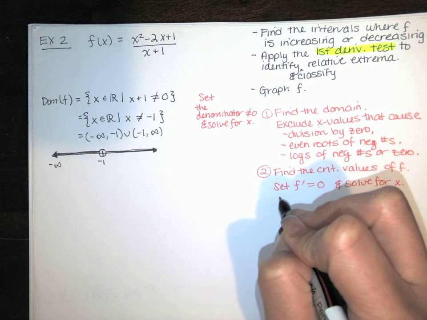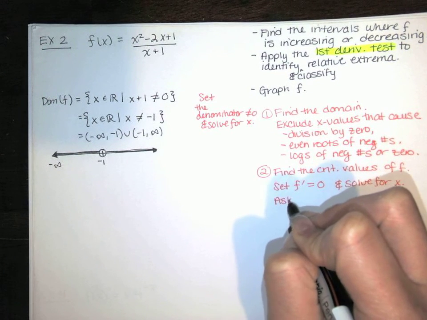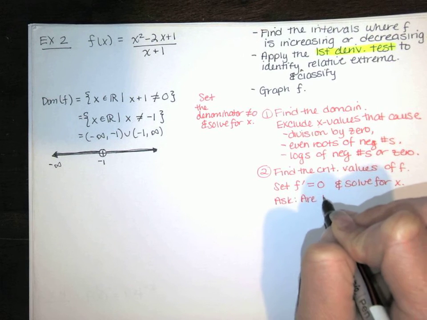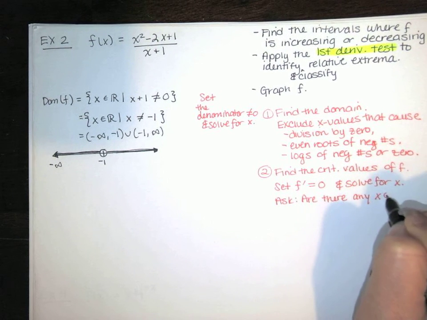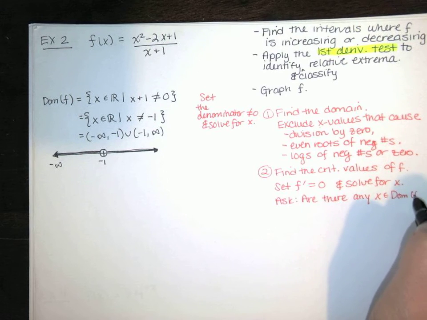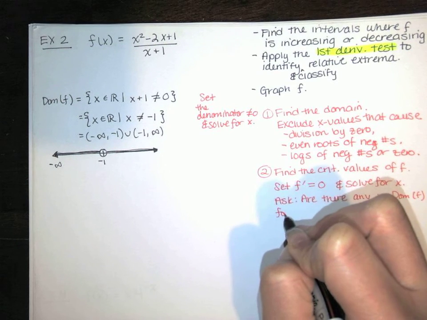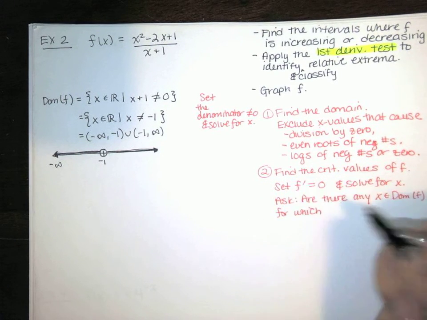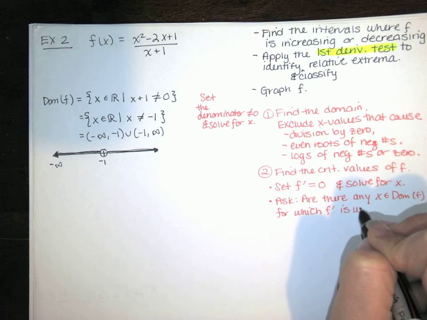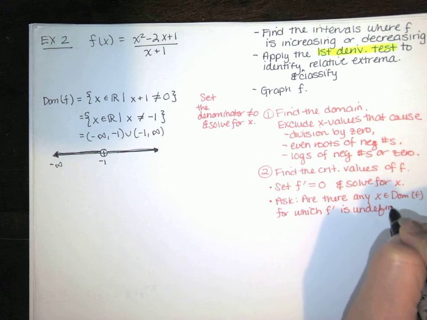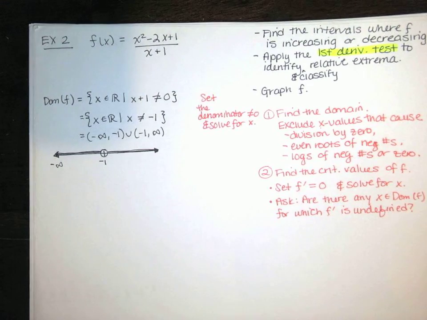So you're asking yourself the question, are there any x in the domain for which f prime is undefined? So that means you might have a sharp corner. Those are also critical values.